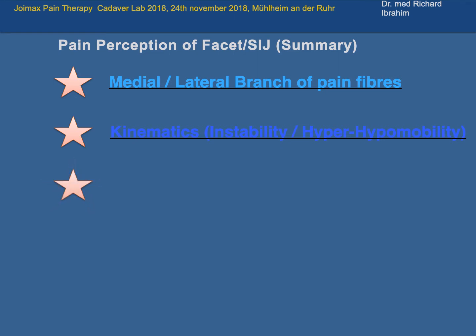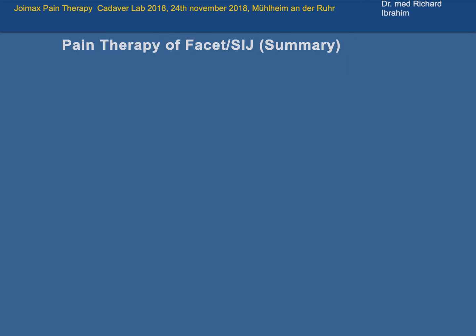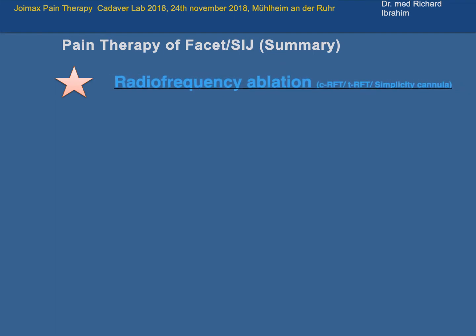So there are very rare instability reasons. And you have, of course, the capsular synovial inflammatory reasons, and you have the ligament and the myofascial sensory areas of this area. So much work to do when we are talking about the reasons for the pain perception of the SI joint. So then you have the treatment.